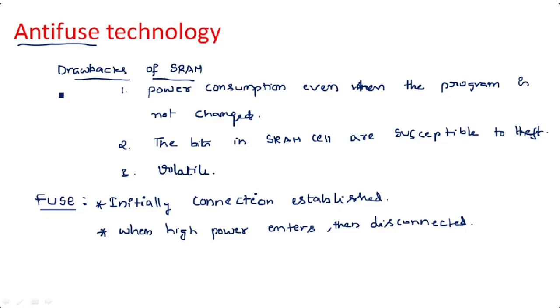That fuse will be disconnected, so it avoids damage to high-end electronic gadgets like a smart TV or fridge. The fuse costs less, compared to the gadgets which are costly. As high power enters, the fuse is disconnected. So this is fuse technology.